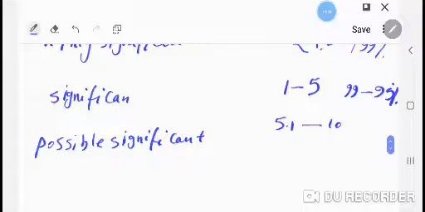To determine the significance, we would continue testing.